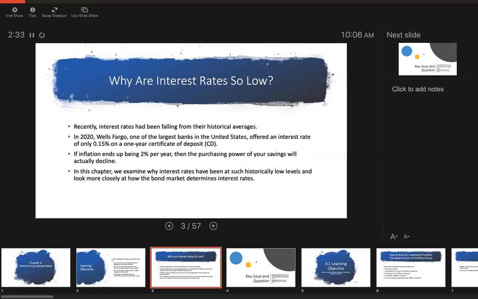The straightforward explanation should be intuitive. If interest rates are very low, that means that access to credit is very cheap, right? So when credit is much cheaper, firms and households might be incentivized to borrow a little bit more and engage in economic activity, right?